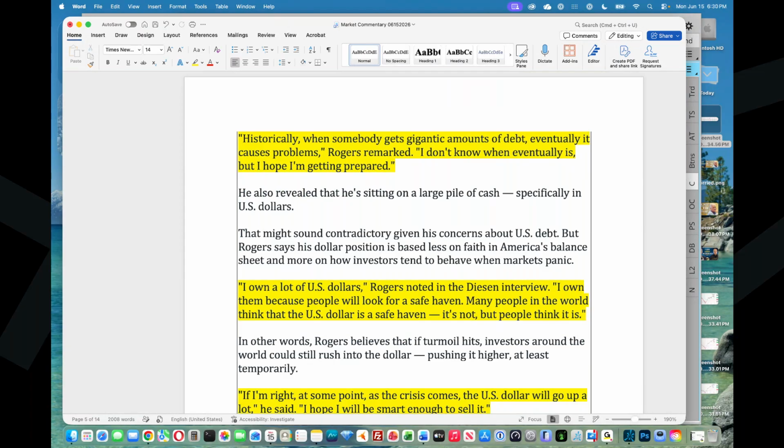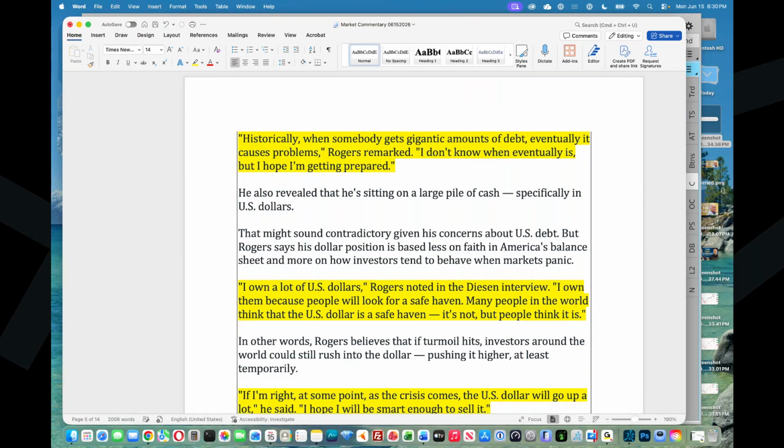So exactly. He thinks the dollar will go up because we are a reserve currency, and until that changes, people are going to be looking into the dollar. So he's got a lot of money in the dollar. He's got a lot in cash right now. He's got a lot of gold and silver.